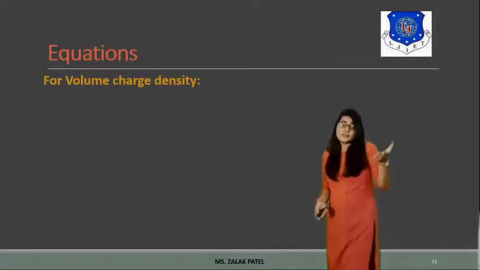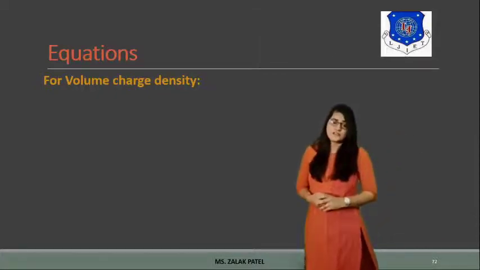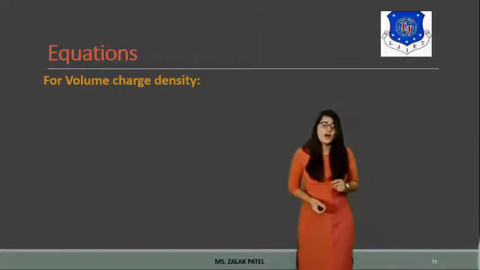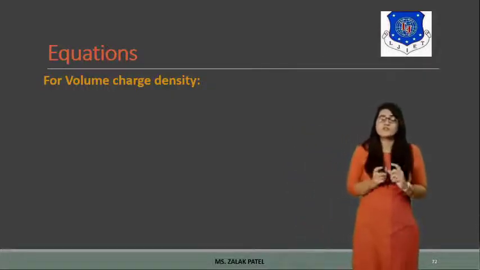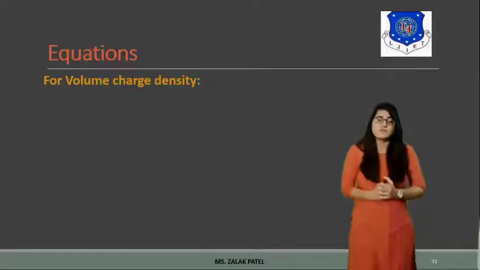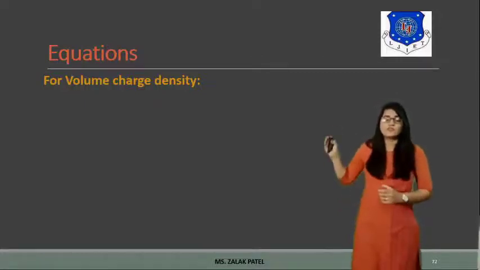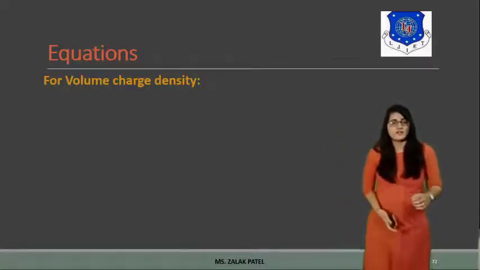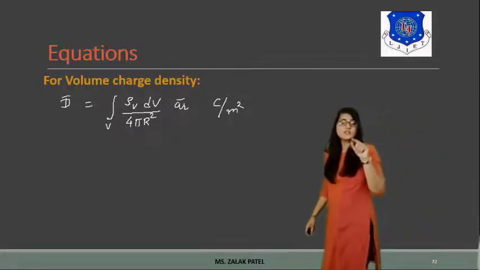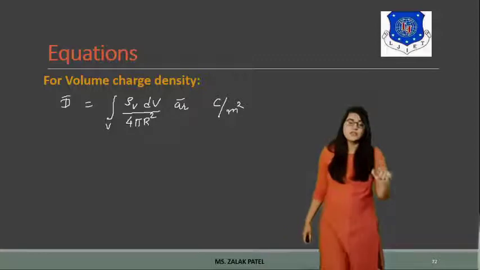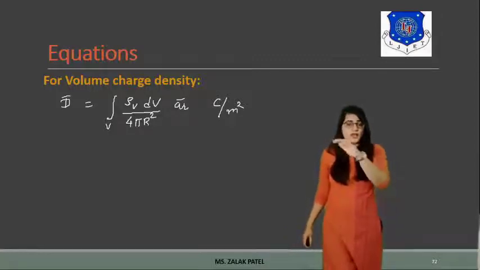And if it is said that volume charge density is present, then you have to simply put the volume charge distribution in place of charge. Here D equal to, again we use the point charge formula, D equal to Q upon 4 pi R square AR bar.